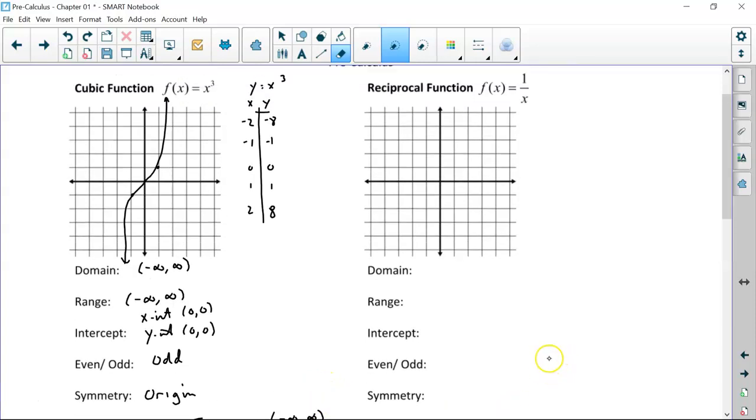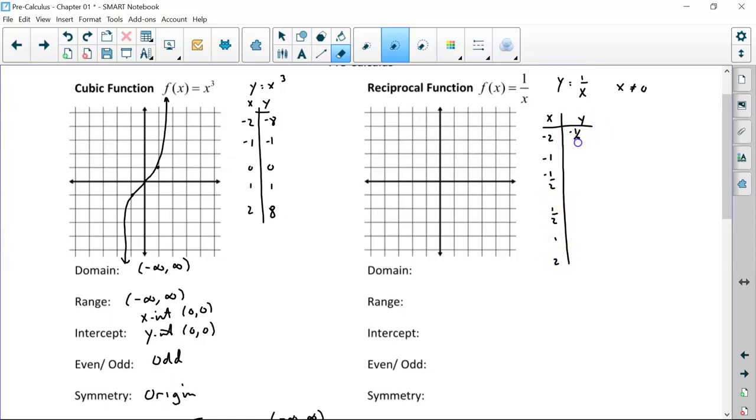And next we have a reciprocal function. y equals 1 over x. Now, because we're dividing by x, x cannot equal 0. We cannot divide by 0. So when x is -2, -1, I'm actually going to put a -1/2 here. Skipping 0 to +1/2, +1, +2.